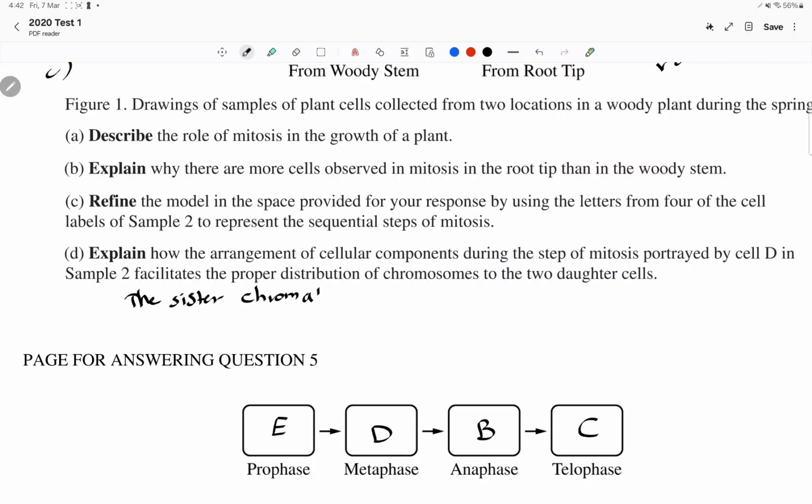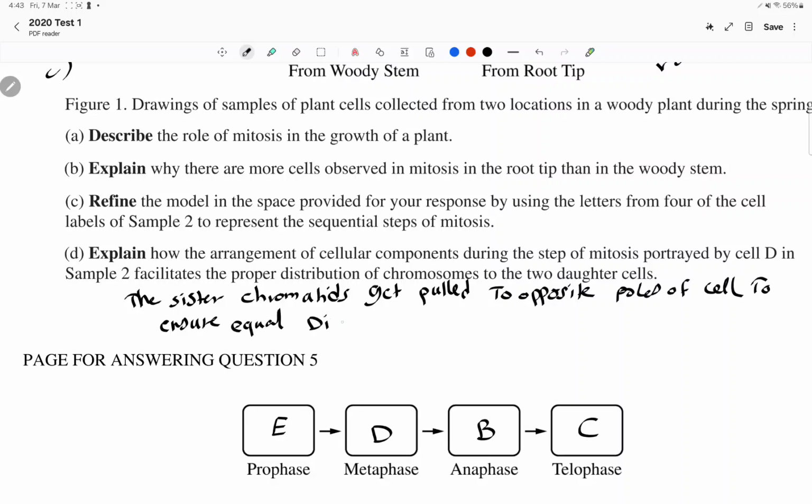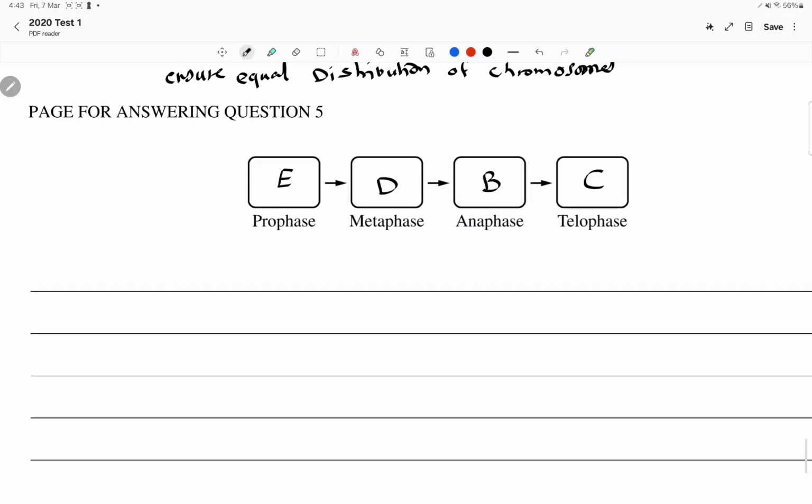The sister chromatids get pulled to opposite poles. The answer is to ensure equal distribution of chromosomes. But this doesn't happen in mitosis. It does. Also in meiosis.